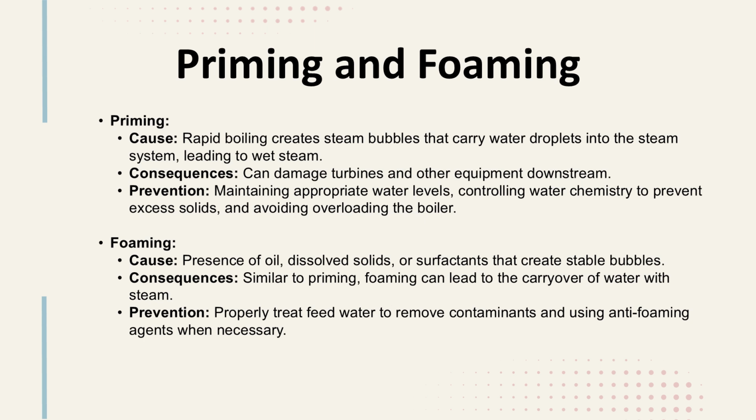Foaming, on the other hand, is caused by dissolved solids or surfactants in the water, which creates stable bubbles. Both issues can lead to the carryover of water with steam, reducing efficiency and potentially damaging equipment. To prevent priming and foaming, it's crucial to maintain appropriate water levels, control the water chemistry, and use anti-foaming agents when necessary.